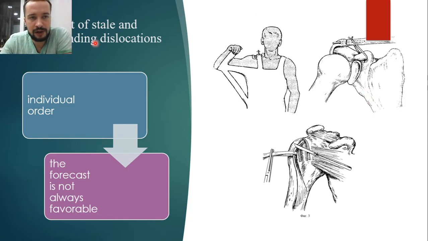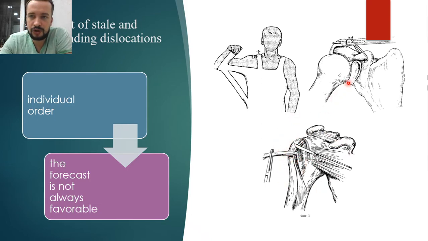Treatment of stale and long-standing dislocation. This treatment is decided on an individual basis, since the prognosis is not always favorable. And there you see that we often, not always of course, use surgical treatment.